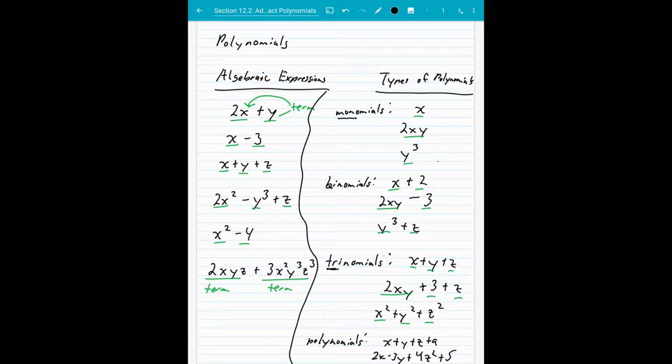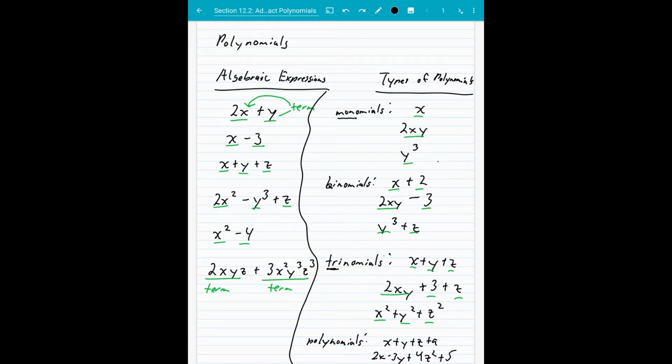All those are polynomials because they have more than three terms. Sometimes we'll generalize and say all of these right here are polynomials. We just say what type of polynomial it is. But anything over three, past trinomials, makes it a polynomial. So remember, you want to count the number of terms, all the terms in them.